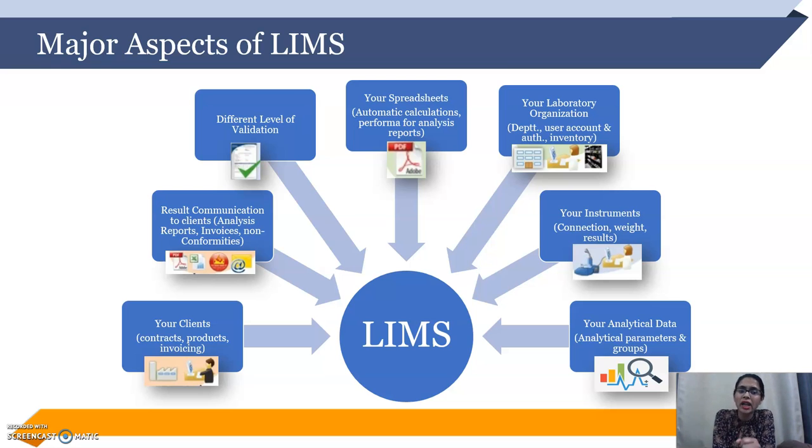It could be the analytical parameters or it could be the analytical groups. You can have control over it through the platform of LIMS, because whatever analytical test reports you generate, or the groups you divide, or the sampling you do, it could be random, cluster sampling, or any kind of sampling, everything can be very well managed through this platform of LIMS.